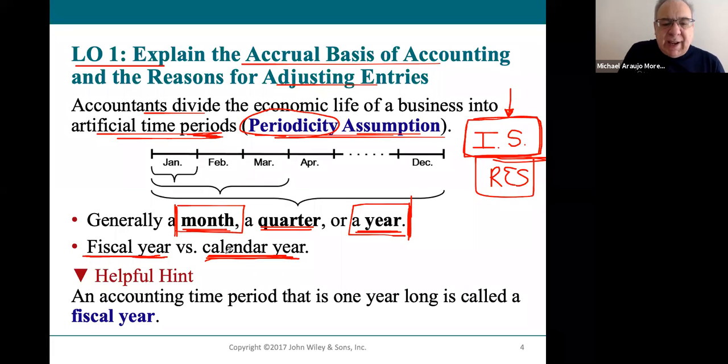So if we did use a calendar year and we closed our books on December 31st, the very next day, January 1st, the revenue and expense accounts have to start at 0. So we can keep those records separate for that year compared to what happened this year. And so that's what you're going to be learning about here in this chapter.